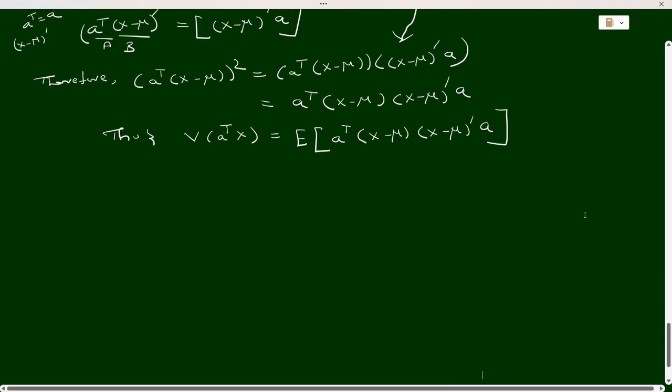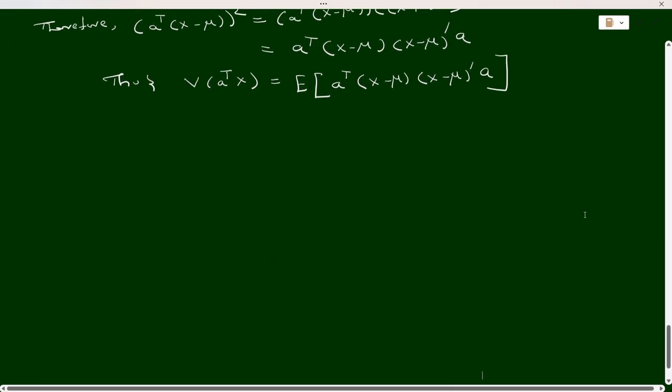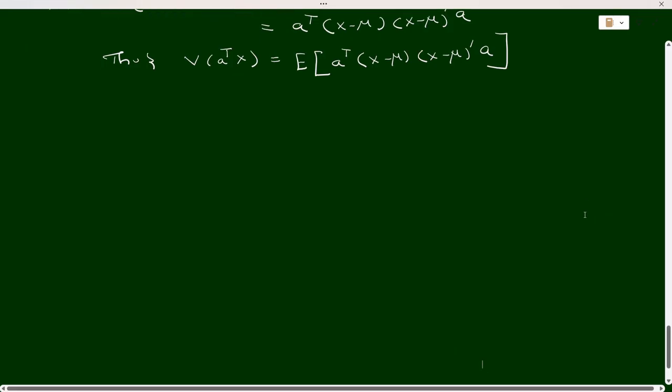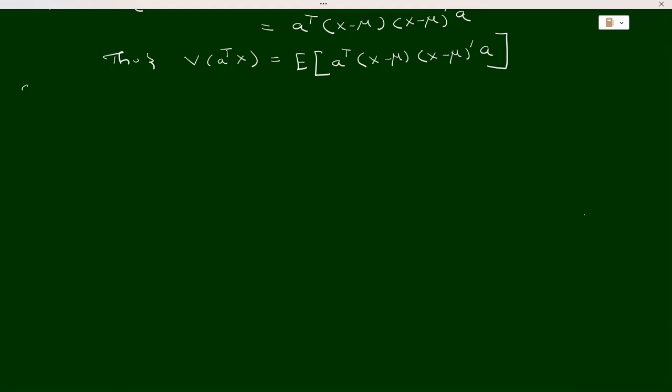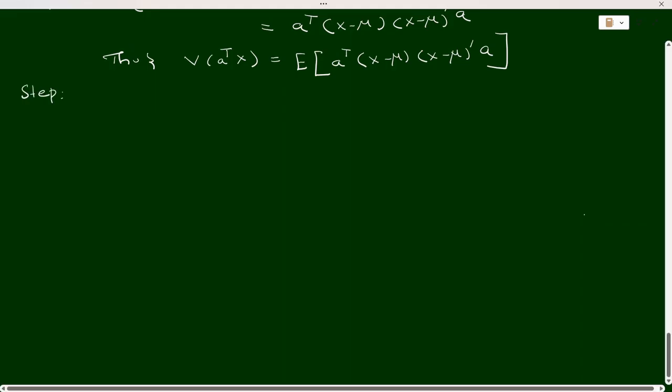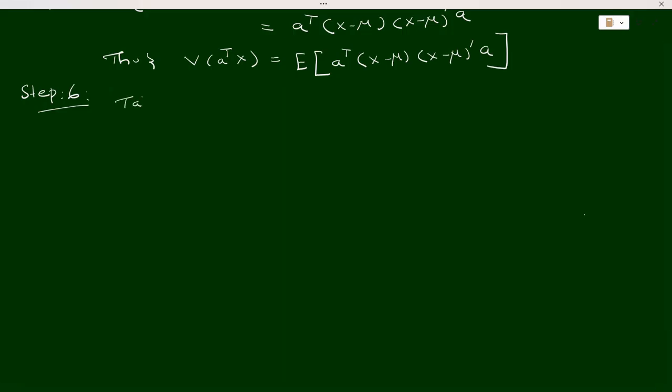Next step, we are going to take the constant outside. The constant is a transpose and a. So in step 6, taking the constant outside the expectation.